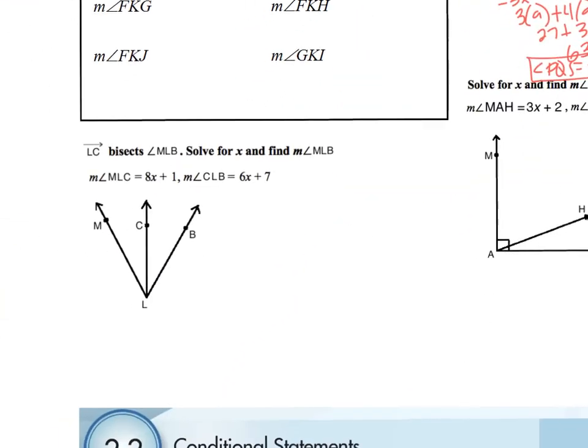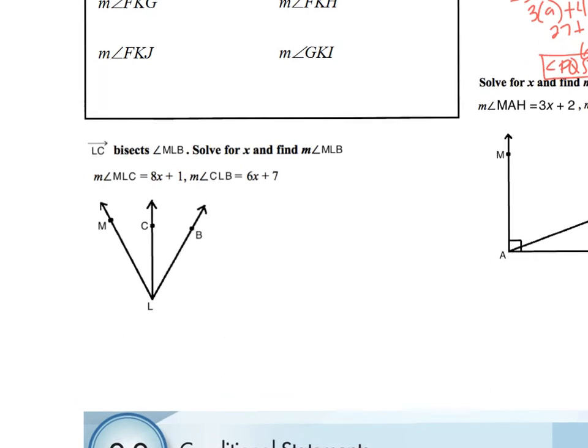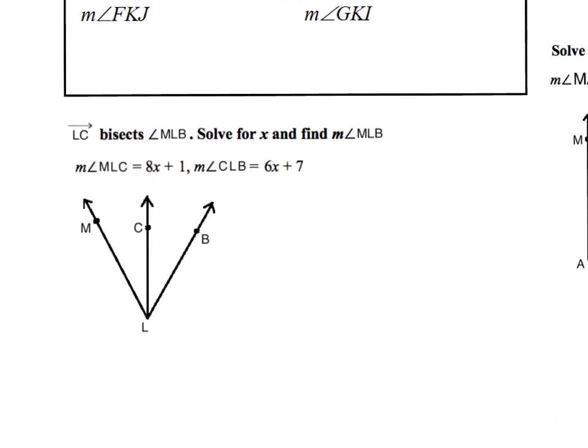All right, 2 more to go. This one is similar to the last one. LC bisects MLB, so those are congruent. MLC is 8X plus 1. CLB is 6X plus 7. Because it bisects them, we know they're congruent, so we can set them equal to each other.